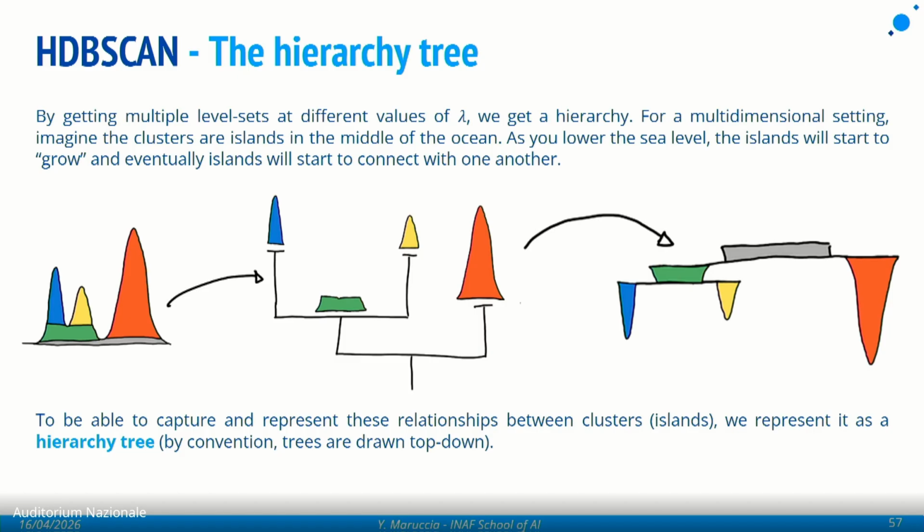And I wrote here the idea: when we have a sea, and the level of the sea is going down, you can see all the islands that are coming up from the sea. It is the same analogy to understand how HDBSCAN is working in order to understand where to cut the groups.